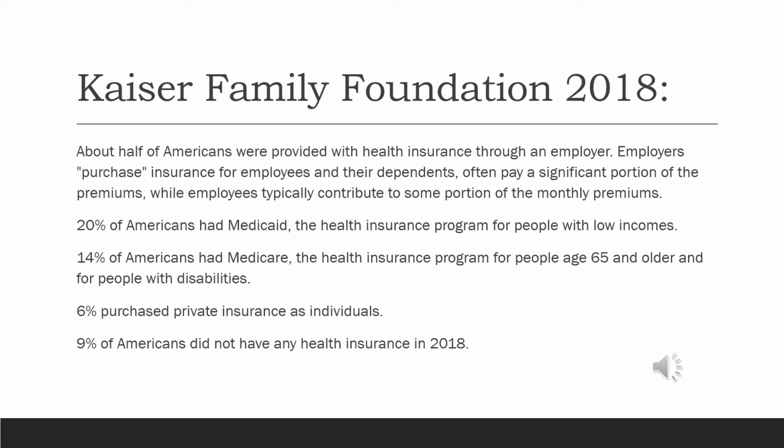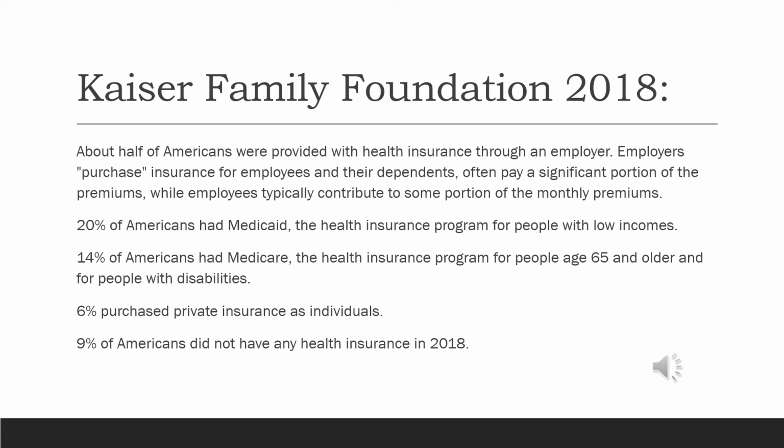And then 6% purchase private insurance on their own as individuals, and so they paid out of pocket for it. And so that left about 9 to 10% of Americans who don't have any insurance in 2018.